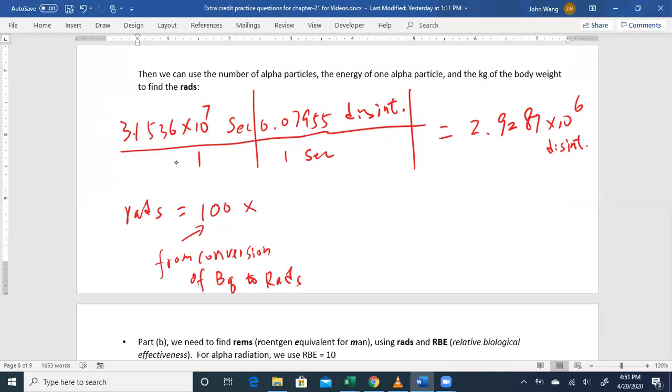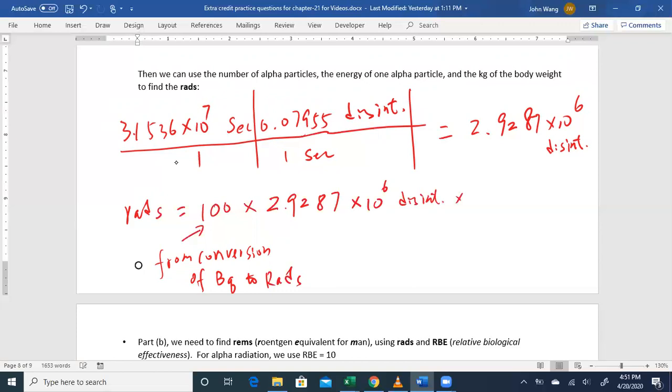So we find out how many alpha particles deposited: 2.9287 times 10 to the positive 6 disintegrations.